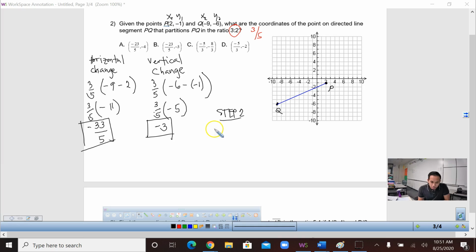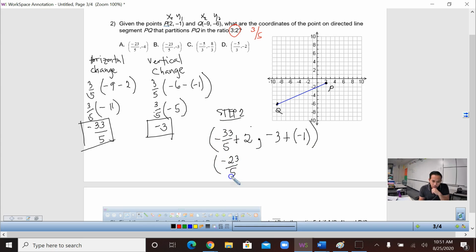So step 2 will be, we have the point -33/5 plus 2, right? And then comma, we also have -3 plus -1, which is -4. So -33 over 5 plus 2 will give us -23 over 5.